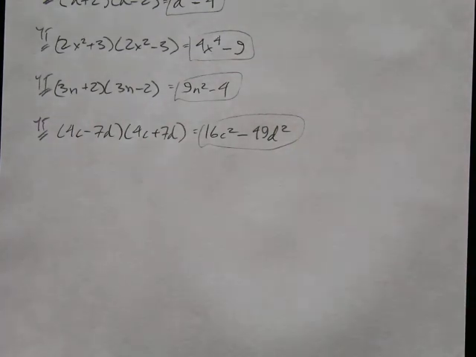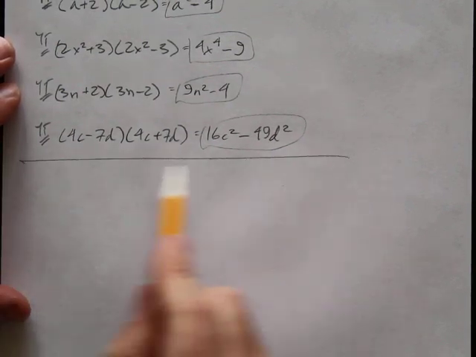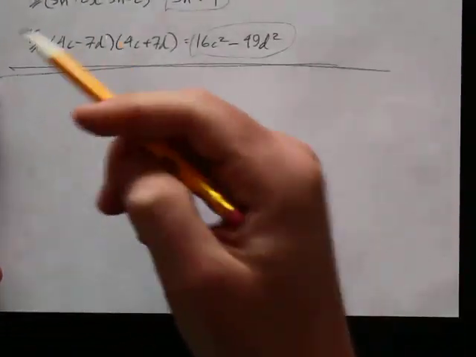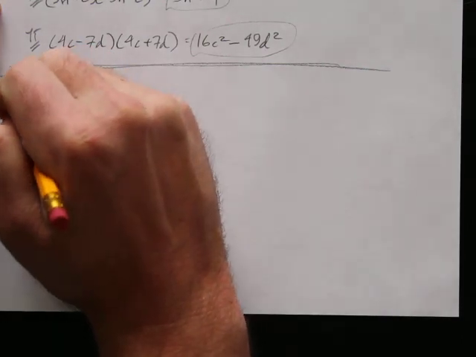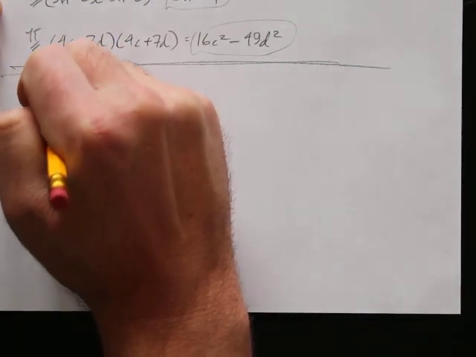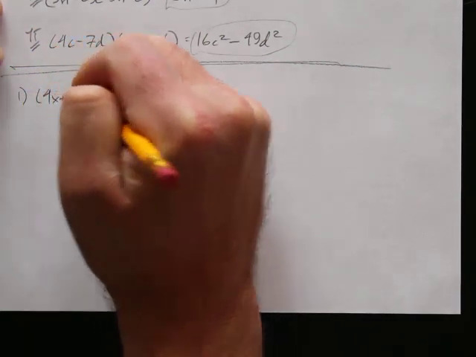Let's do a few more. Find each product. We're just going to do a couple more examples here, just to practice a little bit. So I'm going to have you do this one, 4x plus 5 squared.